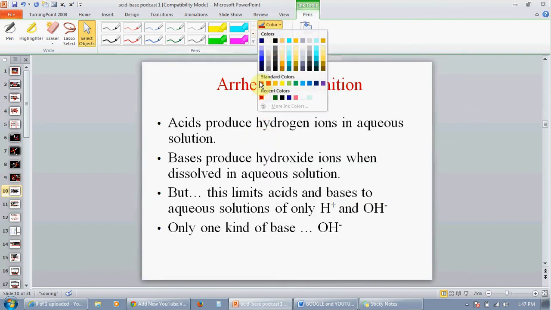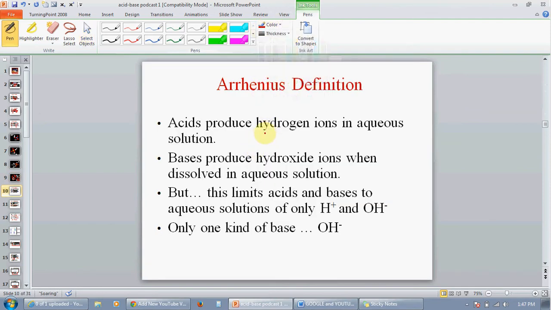The Arrhenius definition of an acid simply was the first and simplest, that hydrogen ions, or actually, of course, hydronium ions, were produced in aqueous solution, and bases produced hydroxide. But this would limit the definition of acids and bases to only those that would produce those ions. There are weak bases that are going to react with water to later form the hydroxide ion.